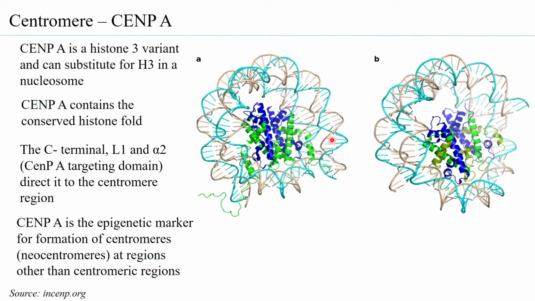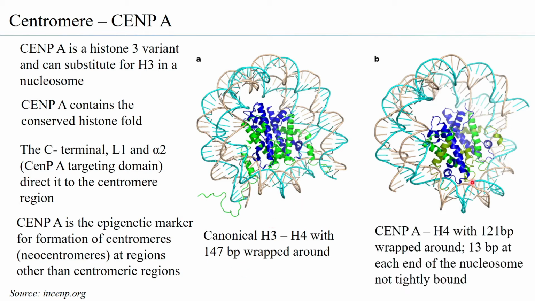Now let us look at how. So this is a canonical H3-H4. When you have the nucleosome core particle having the H3 and H4 as the tetramer, then we know very specifically that around a nucleosome core particle, the DNA that winds around it is equivalent to 147 base pairs.